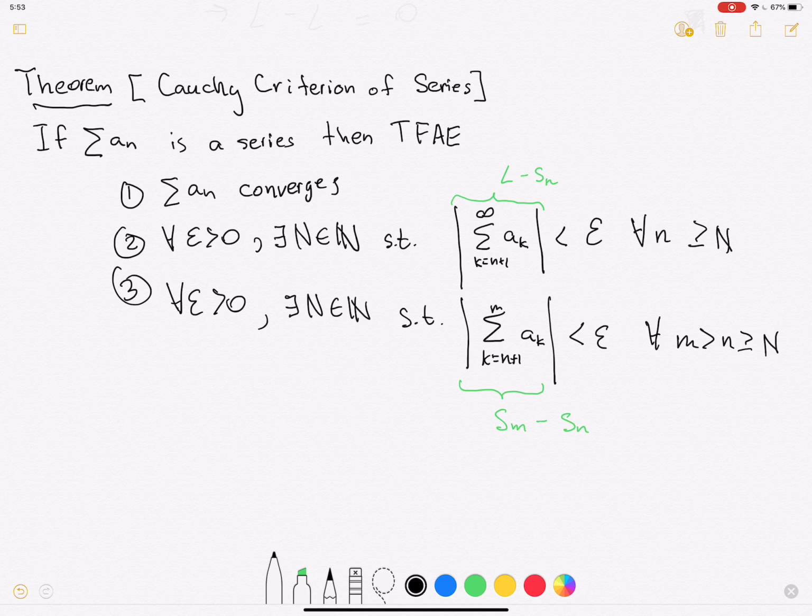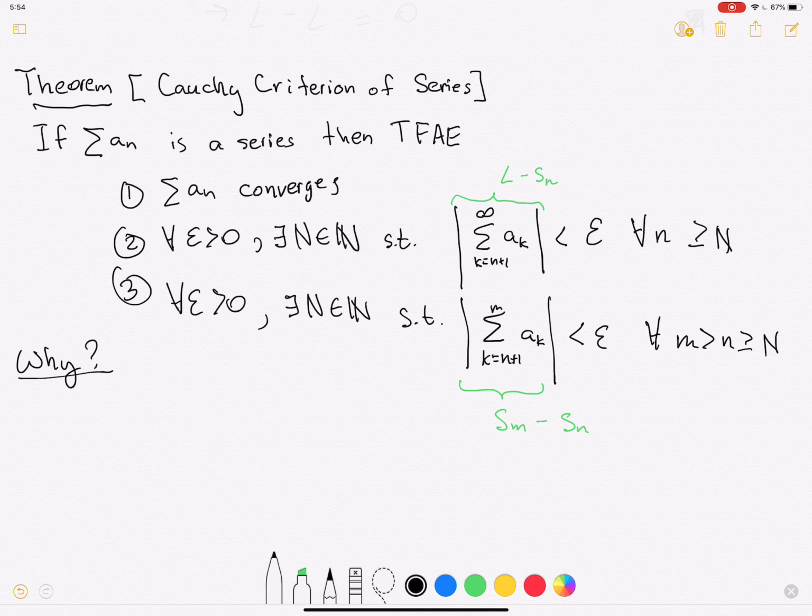Before we go into that, let's go into what this means. Saying the following are equivalent means that 1 implies 2 and 3, 2 implies 1 and 3, and 3 implies 2 and 1.